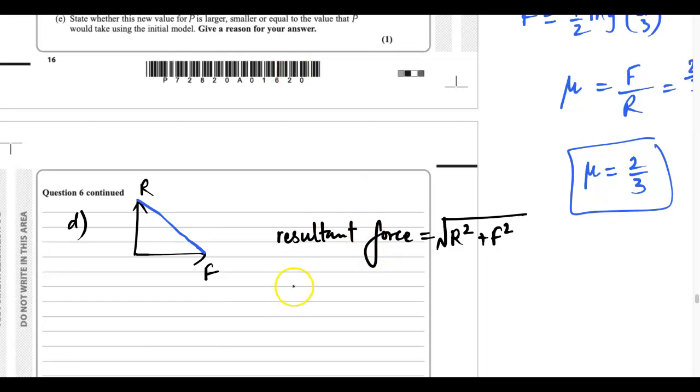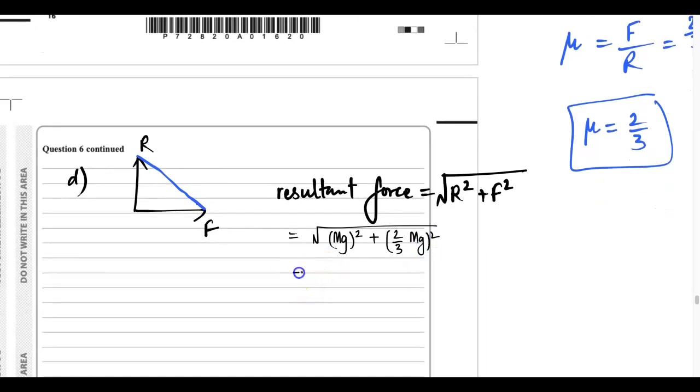So just substitute these values so that we can get what is R. R was mg squared and F was 2/3 of mg squared. So that is going to be 49, so what is that? 13.